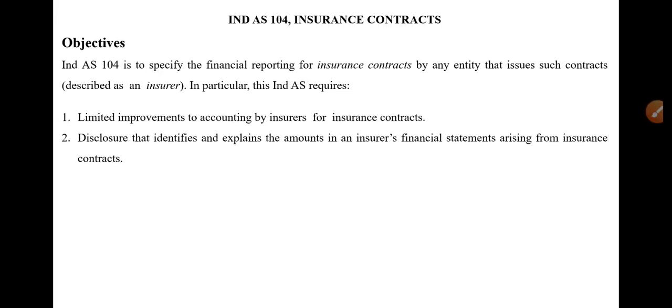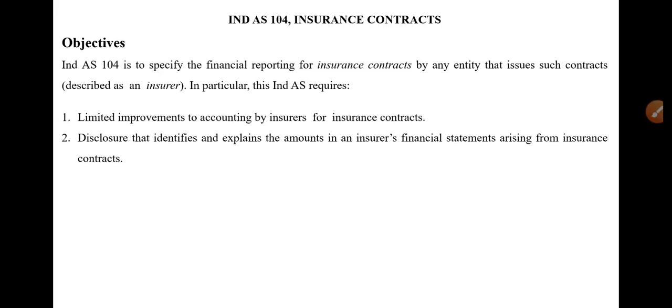Secondly, to make disclosures that identify and explain the amounts in an insurer's financial statements arising from insurance contracts. Insurers are the companies which provide insurance policies to the holders.